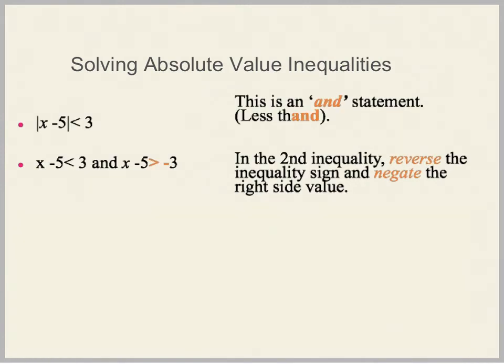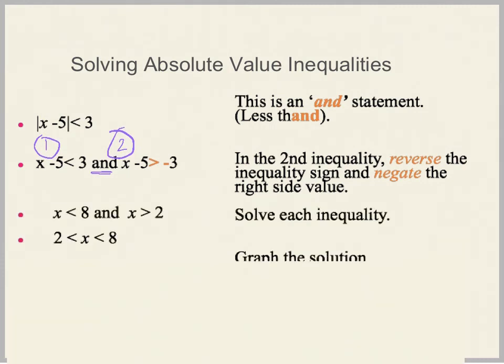Looking at a less than statement, or an "and" statement, we are looking at where the absolute value of x minus 5 is less than 3. So if x minus 5 is less than 3, we also know that x minus 5 could be greater than negative 3. And notice this is an "and" statement. We have reversed the inequality and negated the right-hand value in the second inequality.